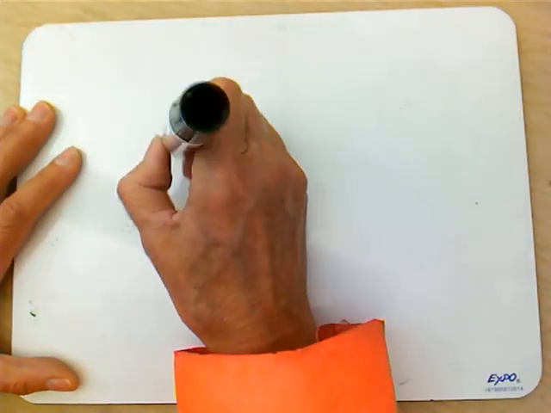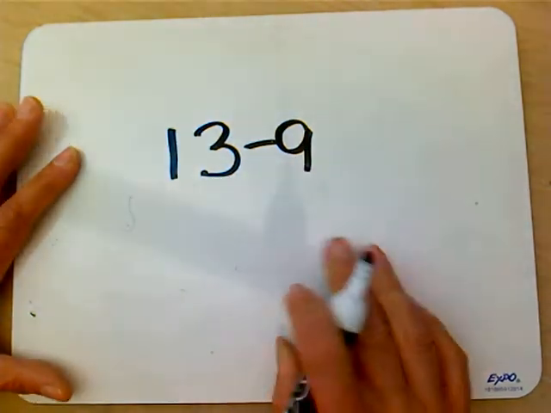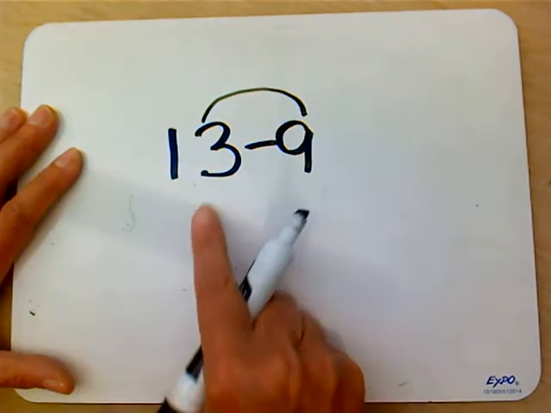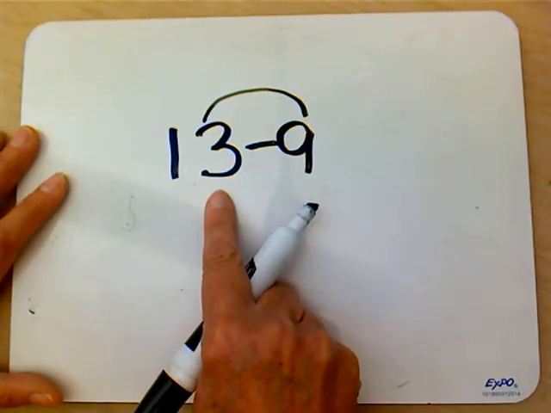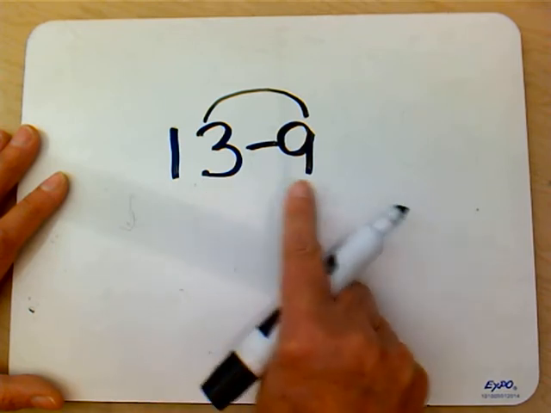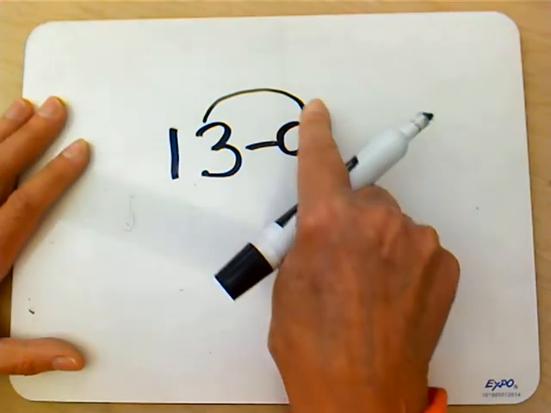But what happens if I have this kind of a problem where I have 13 take away 9? Well, I can't take my ones away from my ones. Well, I could, but I'm not going to go into negative numbers. I can't say 3 take away 9, because that would put me into negative numbers, and that doesn't come along until you are a little bit older.